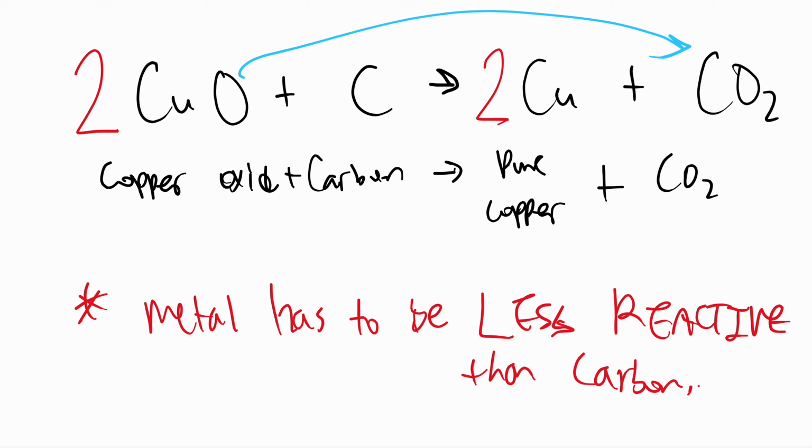And this is also why we include carbon in our reactivity series, because that's how we know if the metal is more reactive or less reactive, so that we can know if we can use the reduction with carbon method. So this reduction method using carbon can only be used for metals that are below carbon in the reactivity series.